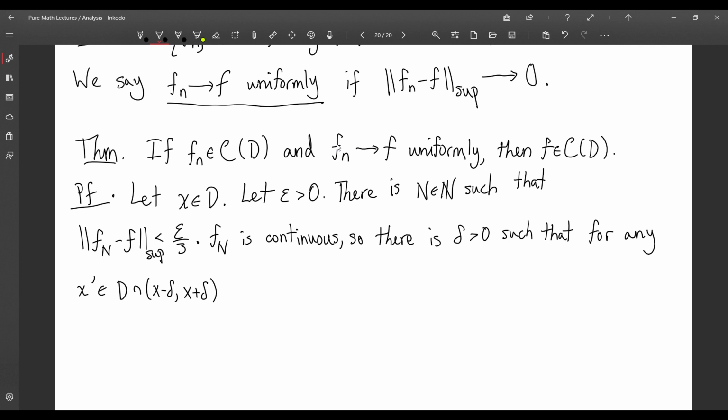So this is saying it's in our domain and it's also within delta of x. The difference between f sub N of x prime and f sub N of x is less than epsilon over 3, right? This is using continuity of f sub N.